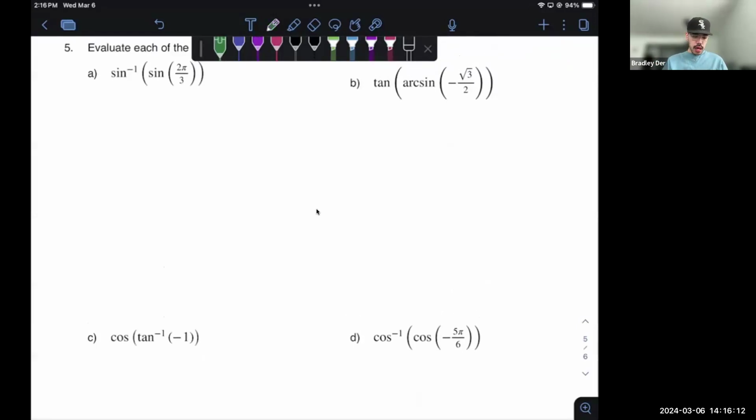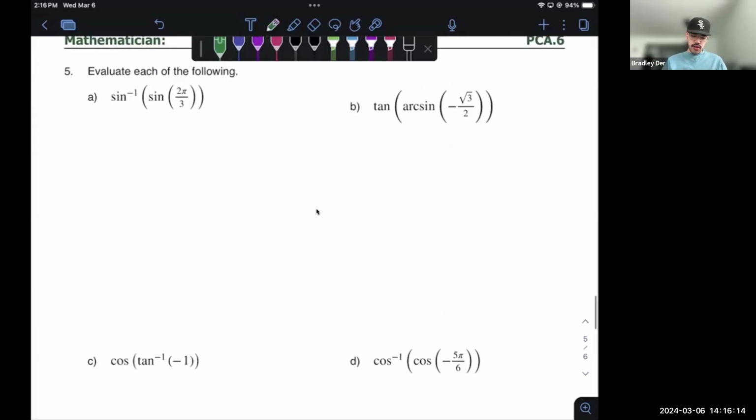Okay. So before I get started, there are just 2 things to keep in mind when we're doing compositions like this. Remember, compositions are where we have one function that we evaluate first, and then that output is used to evaluate another function outside of that.